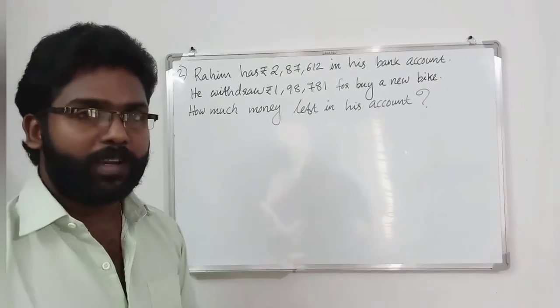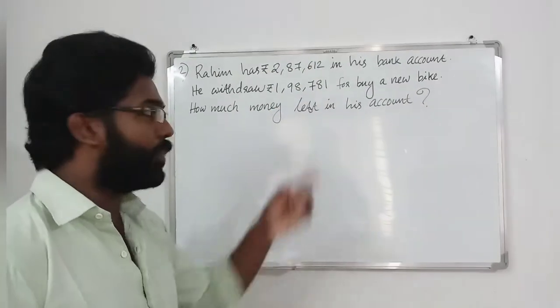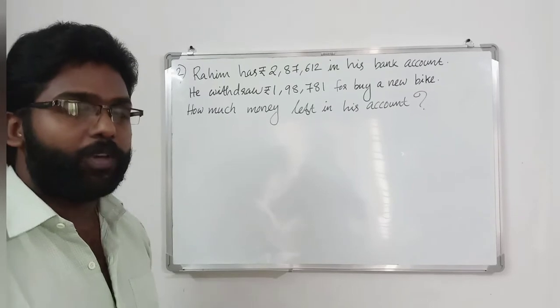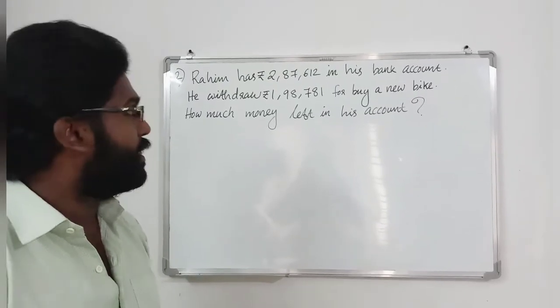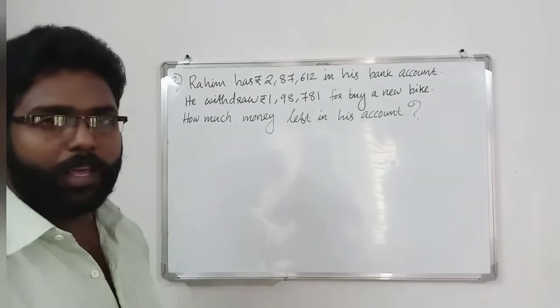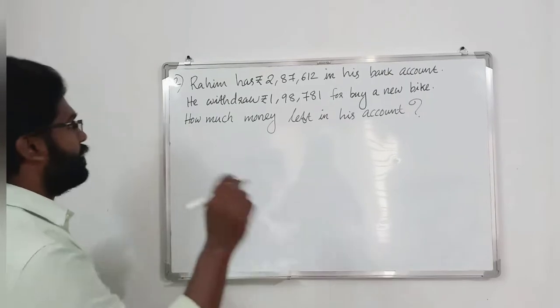To find the balance, we take the initial amount, then he withdrew this amount from that. How can we find the balance amount? Yes, subtract the withdrawal amount from the original amount. But this is a word problem. You must write the steps.